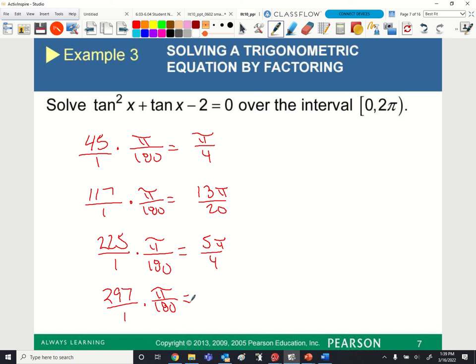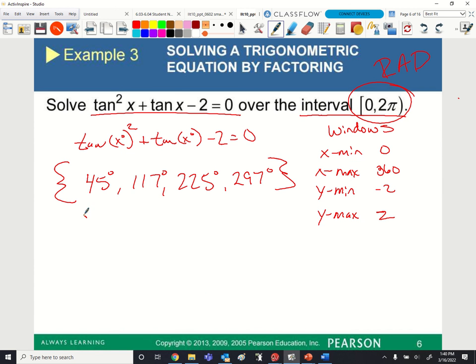And my last one, 33 pi over 20. Does that make sense? I'm hoping you guys find this pretty straightforward. It's just using your calculator as a tool that it should be used. Okay? If you know how to use it, it's a great tool. You can get all your answers.